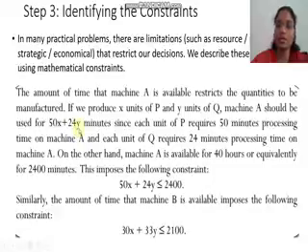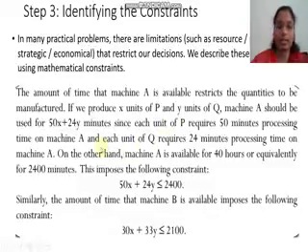For producing product P, we require 50 minutes of processing time on machine A, and for product Q we need 24 minutes of processing time on machine A. That is why 50x plus 24y minutes are needed on machine A to produce P and Q.